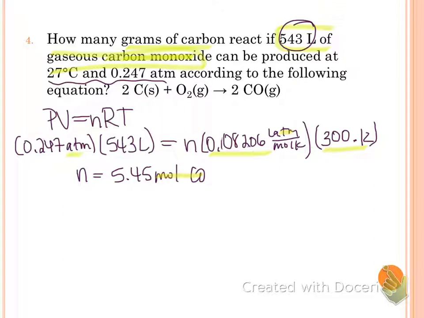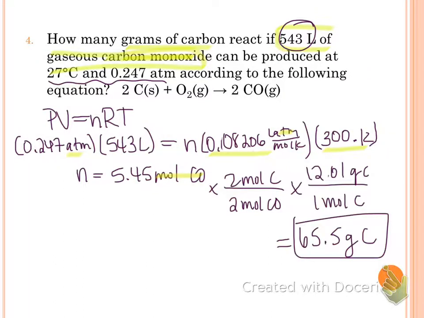We have not gotten to carbon yet. We got to moles. Now we can finish out the rest of our stoichiometry going into that mole to mole ratio. 2-to-2 ratio there. Use our molar mass of carbon to get to our grams, and we find that we have 65.5 grams of carbon. 3 sig figs was our least number of sig figs with everything here, so that's what we kept.